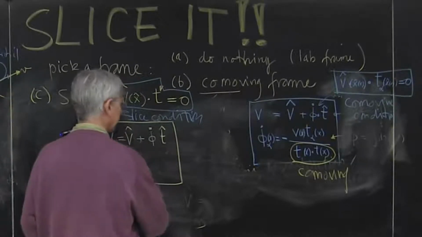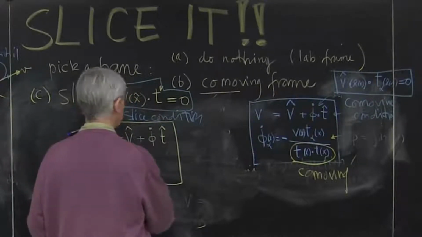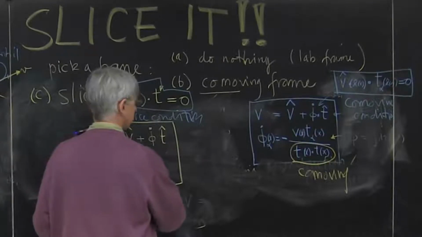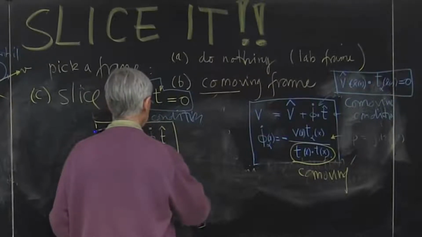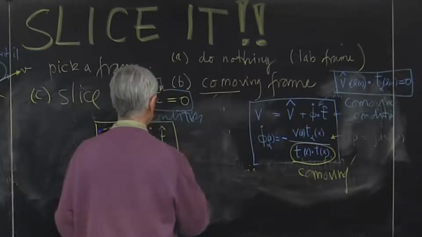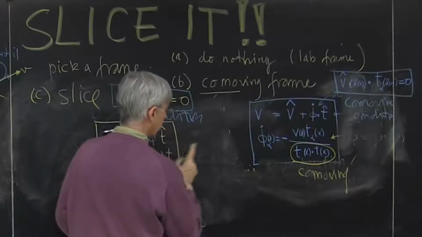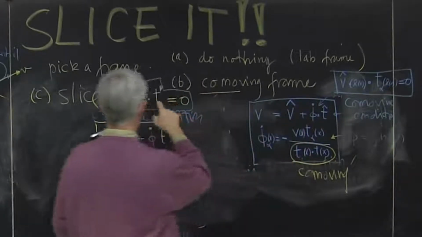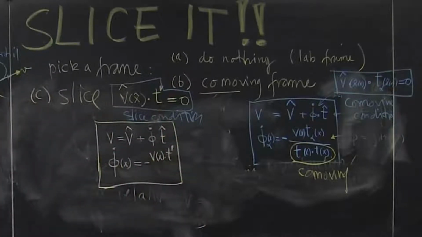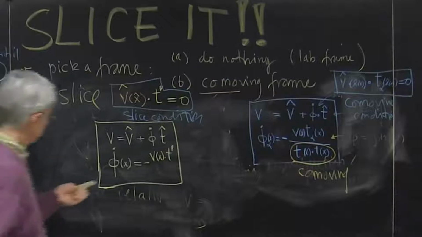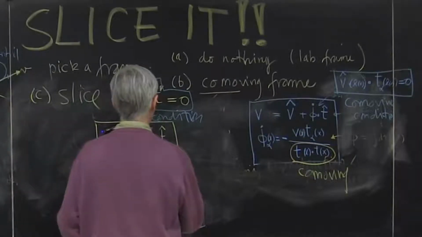But the reconstruction equation is different. Again, Vx dot Tx over T prime, because now my condition is this guy, T prime. So this is the component of my velocity, the dynamical velocity, any place where I slice in the normal direction to the slice hyperplane. That's what this means.